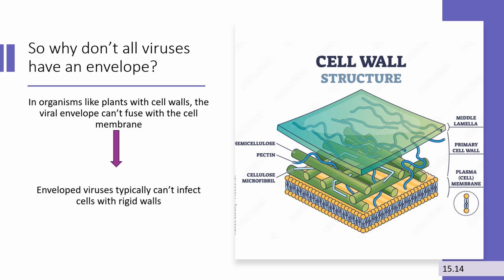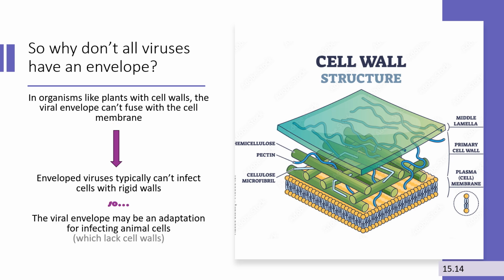Unenveloped viruses can enter and exit by punching through the cell wall, so they have an advantage in infecting plant cells and other cells with a cell wall. So scientists think that the viral envelope evolved as an adaptation for infecting animal cells, which don't have cell walls.